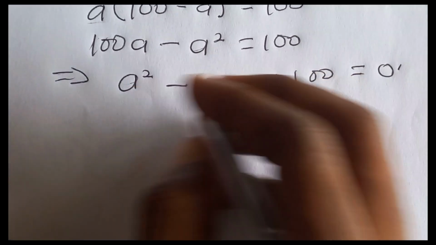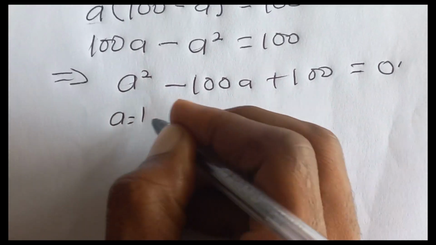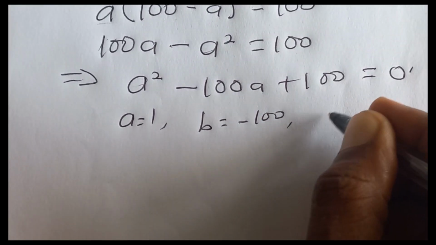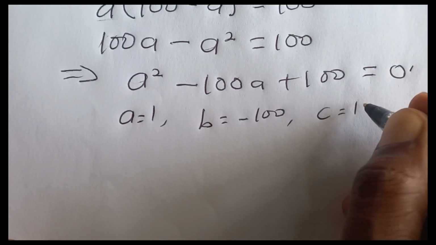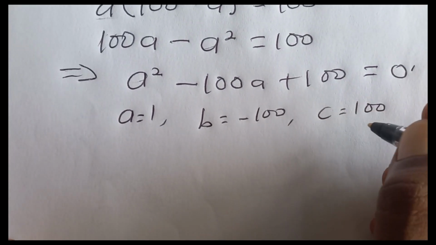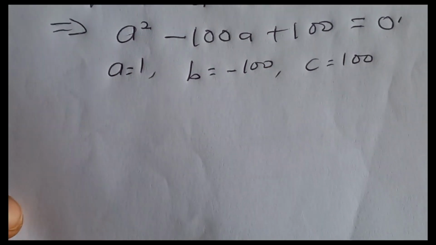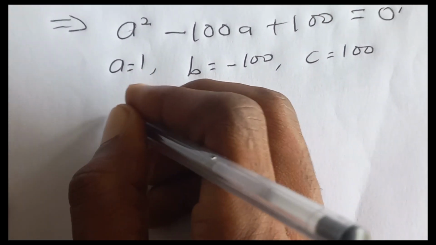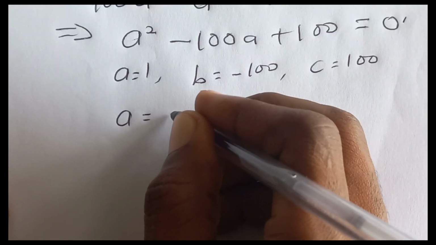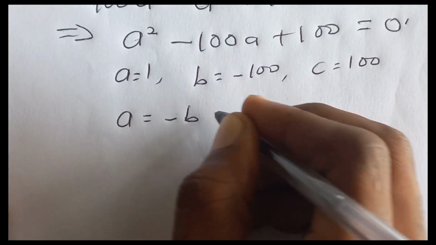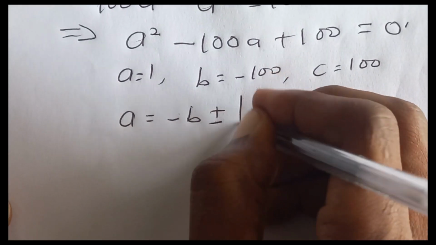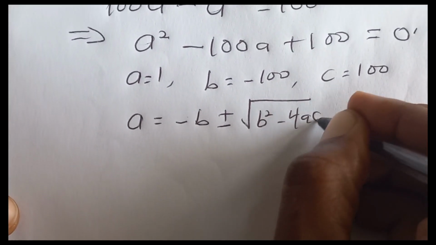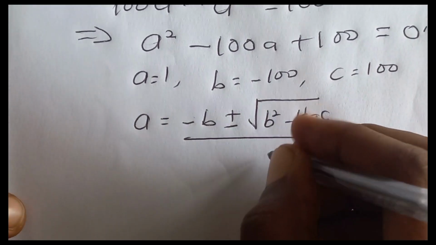Okay, so from here, our a is 1, b is equal to negative 100, c is 100. So using the quadratic formula, which is a is equal to minus b plus or minus root of b squared minus 4ac on 2a.